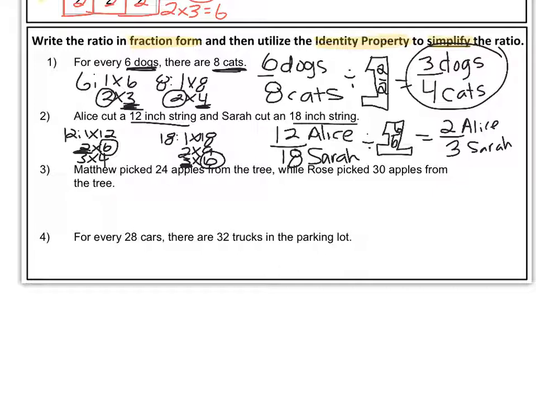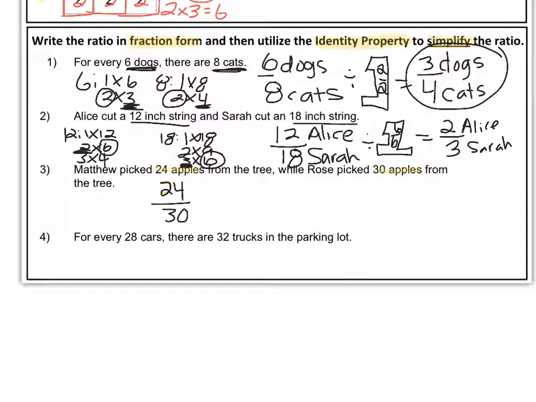Number 3. Matthew picked 24 apples, so underline or highlight 24 apples from the tree, while Rose picked 30 apples from the tree. So we're going to write this ratio in the form of a fraction. Remember, order matters, so we need to first put 24 over 30.